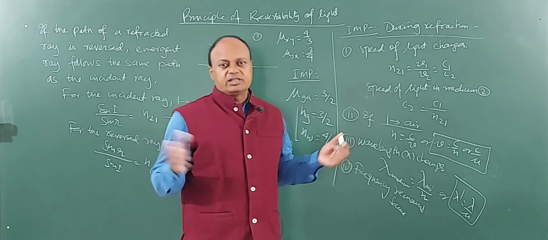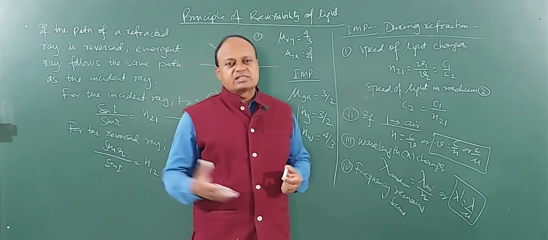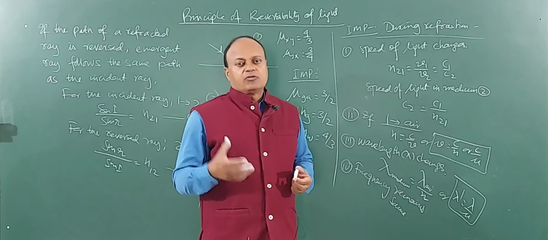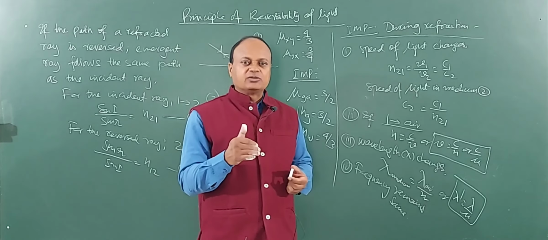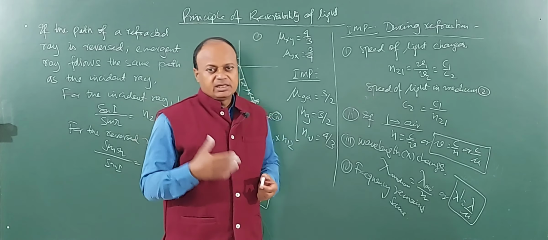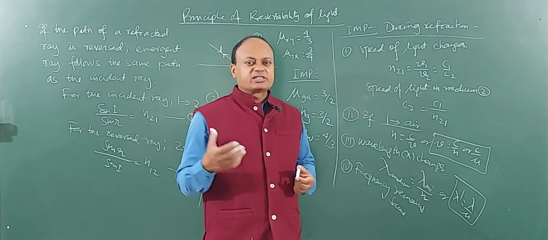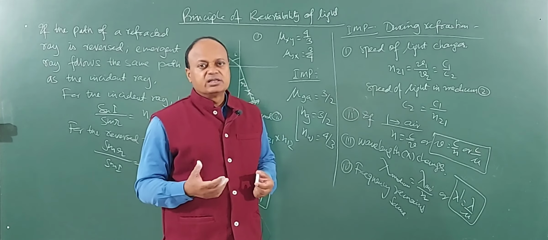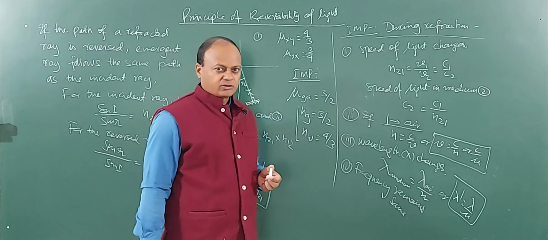Now children, once you have understood this, then we will be discussing what will happen if light gets refracted through a composite medium, right? Composite medium basically is a medium which is composed of 2 or 3 different mediums, alright?